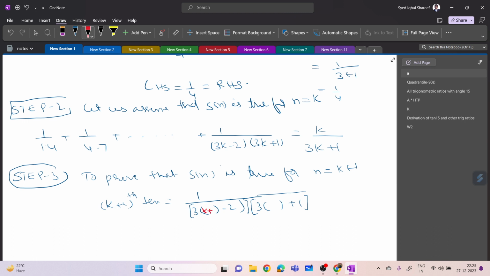So k equal to k plus 1. So 1 by 3k plus 3k minus 2 is 3k plus 1. And 3k plus 1 plus 3 is 3k plus 4. This is the k plus 1 term.